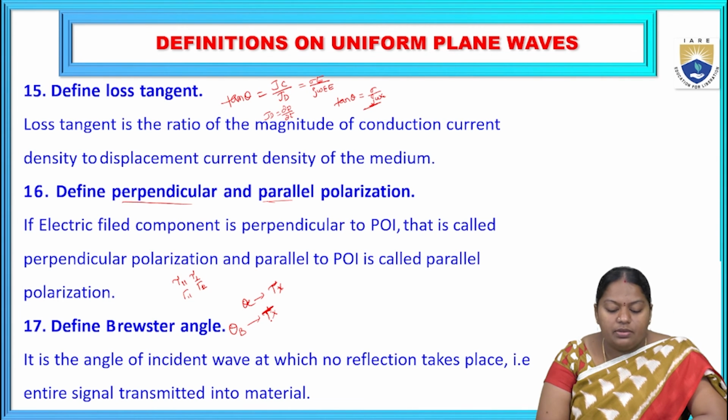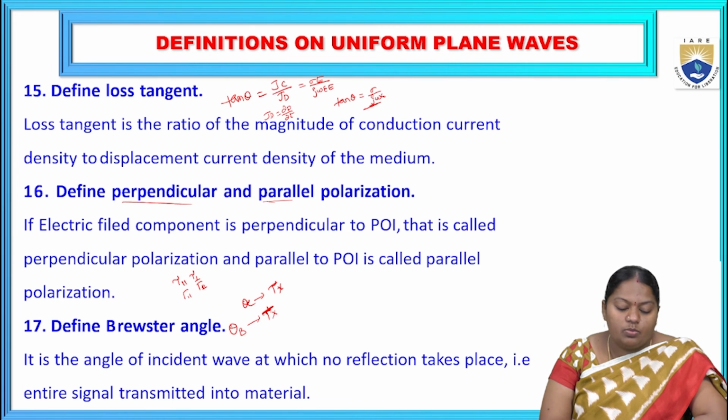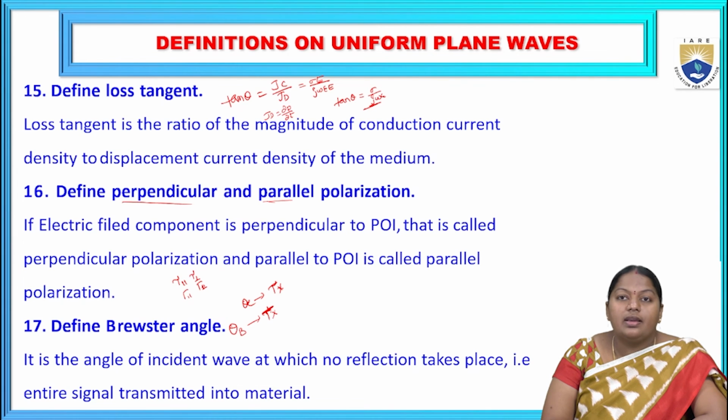Okay, so that is the difference between critical angle and the Brewster angle. The critical angle comes under the normal incidence case, whereas Brewster angle occurs in oblique incidence.